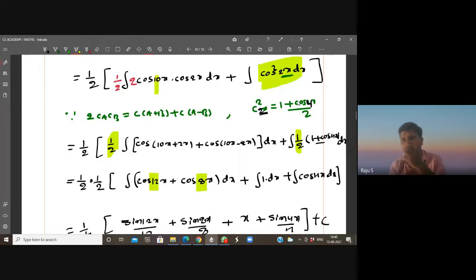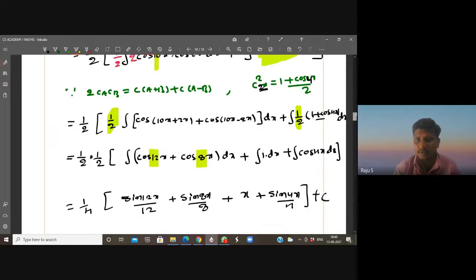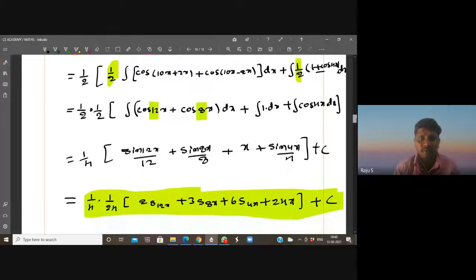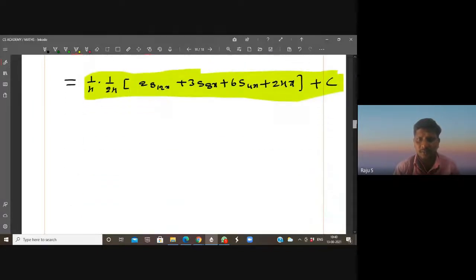Cos square x is (1 plus cos 2x) all divided by 2, but cos square 2x becomes (1 plus cos 4x) by 2. If it is cos square 3x, it becomes cos 6x, you multiply with 2. Cos square 100x becomes cos 200x, like 1 plus cos 200x by 2. After that, I simplified and applied the formulas. We got it like this.